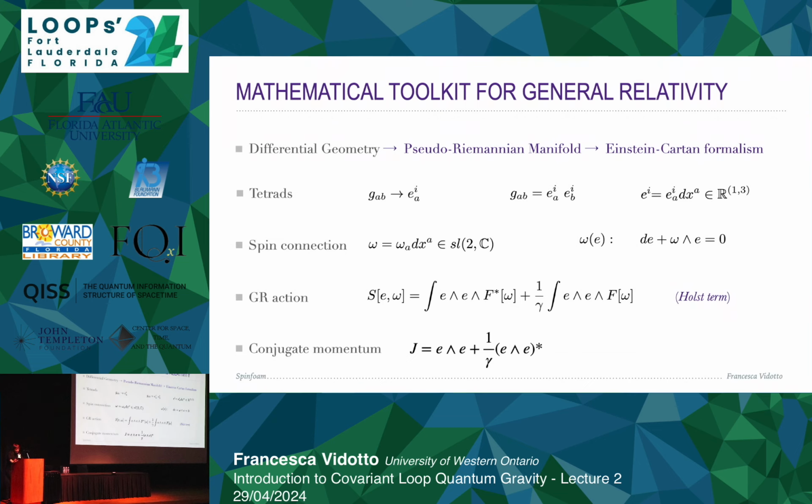And the tetrads are one-forms in which I have 4 by 4 indices, that means 16 components. So the fact that J is defined just in terms of the tetrads implies that there should be some constraints playing a role here.